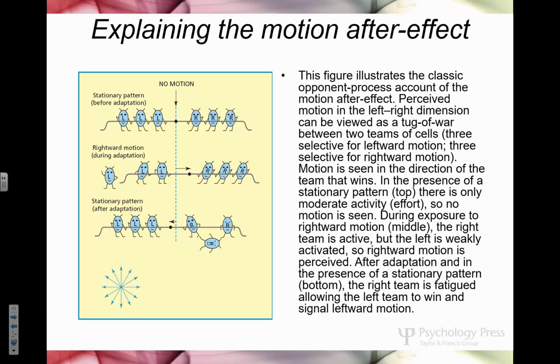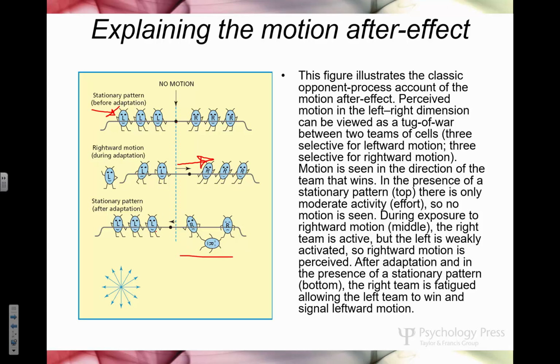Okay. And here it is in this fun graphic form with these great little characterized neurons here, right? Basically, if there's no motion, nobody's pulling one direction or the other. If you're looking at rightward motion, all of your rightward motion detectors are getting excited and they're really expending a lot of energy. They eventually become super tired.